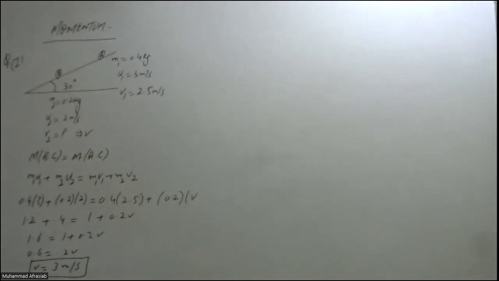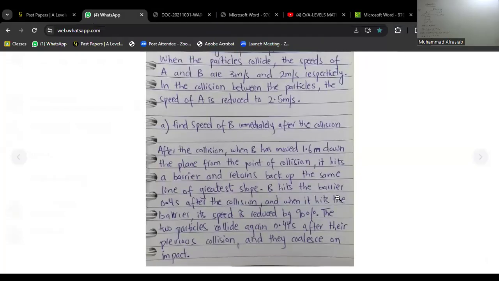Now we are going to start the next part. After the collision, when B has moved 1.6 meters down the plane from the point of collision, it hits a barrier and returns back along the same line of greatest slope.